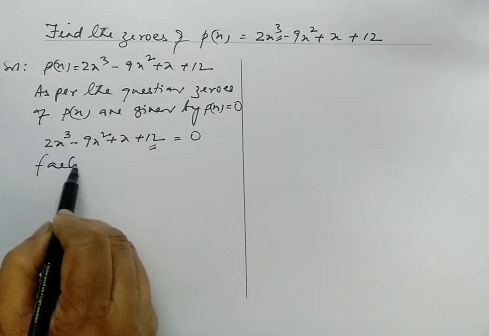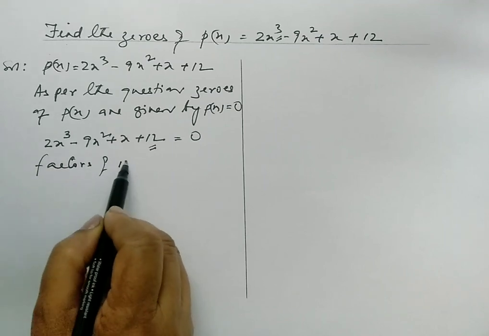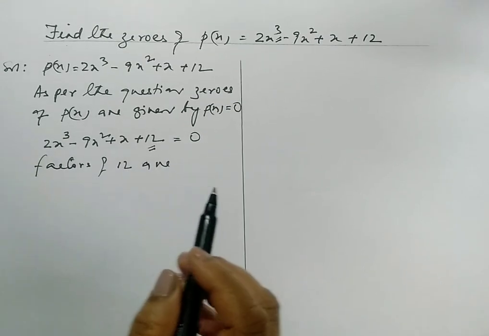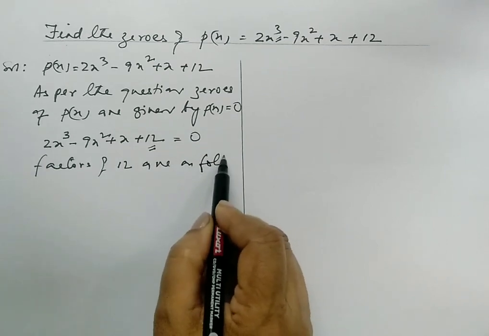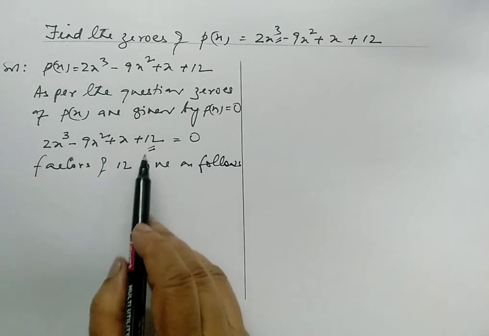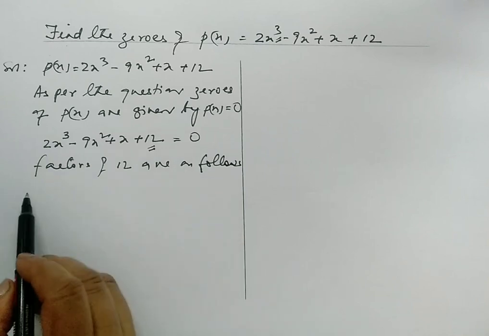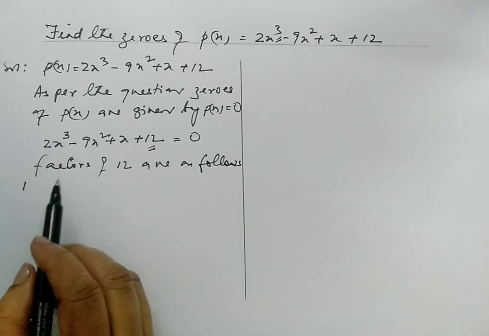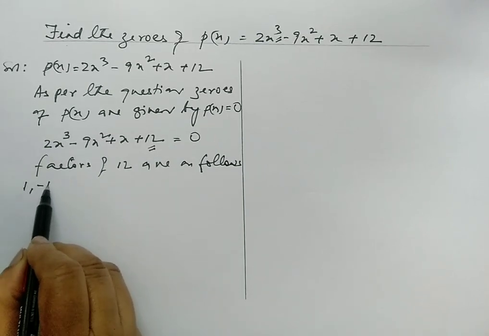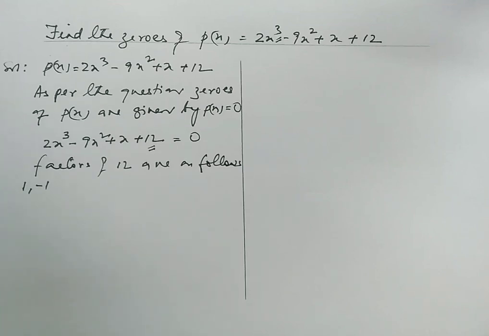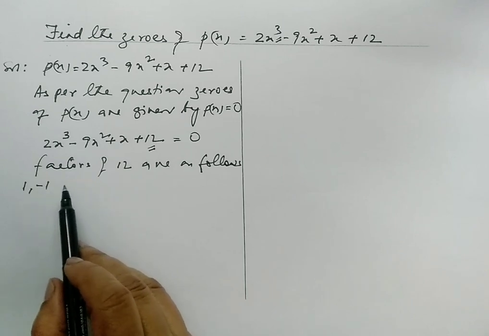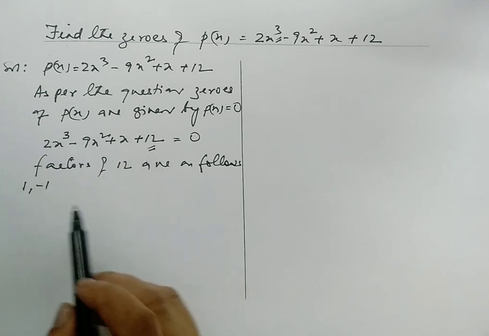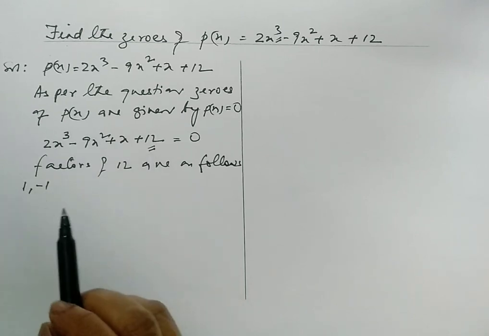Now, factors of 12 are as follows. Obviously, 12 comes in the table of 1. It also comes in the table of minus 1, isn't it? Minus 1 multiplied by minus 12 will give me 12. 1 multiplied by 12 will give me 12.